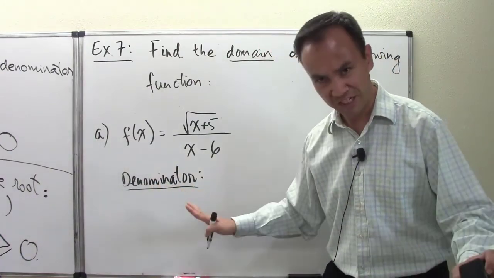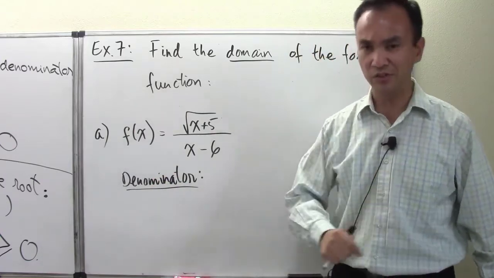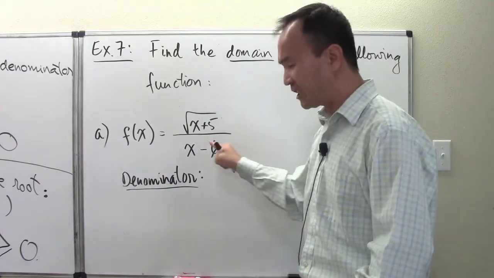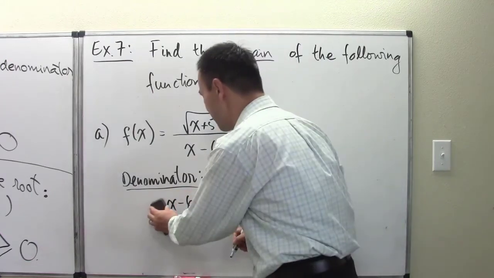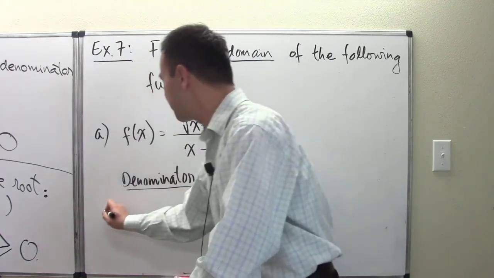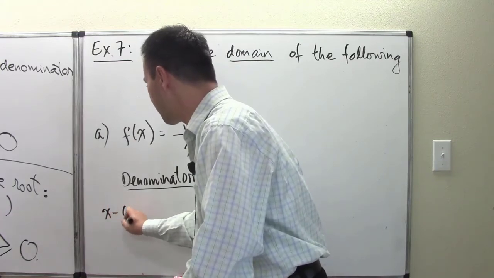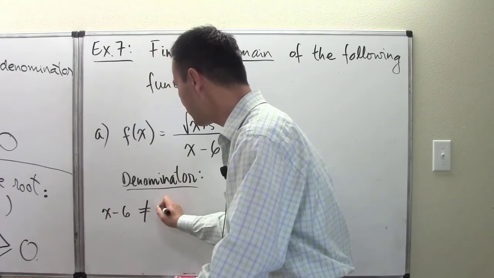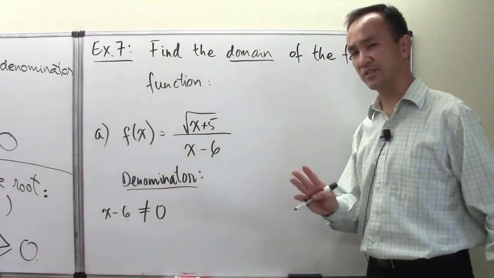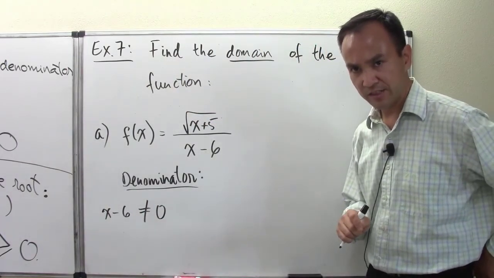But because I'm teaching, I have to tear it down into very careful steps. So for the denominator, what we have is x minus 6. We have to ensure that x minus 6 is other than 0.